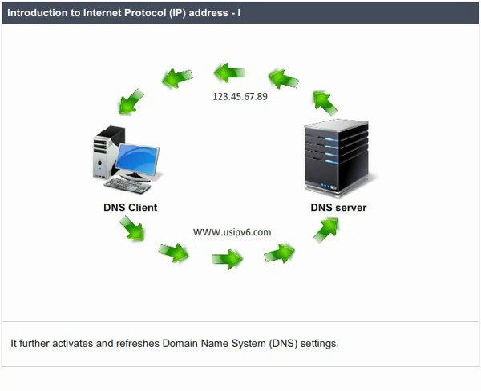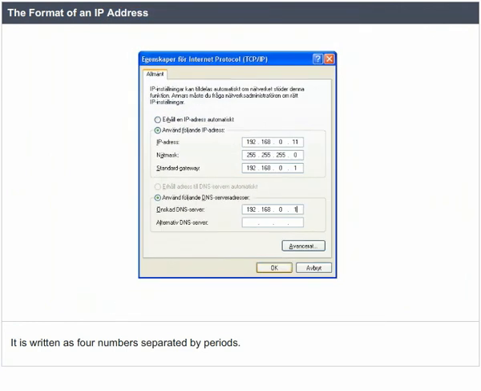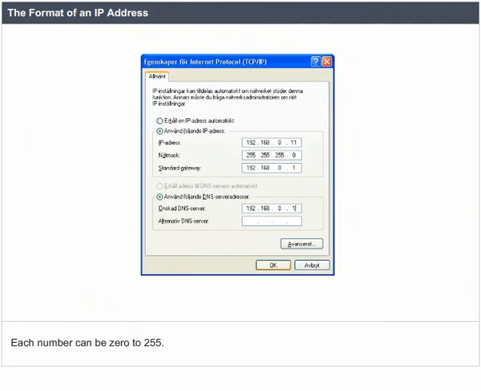The format of an IP address. The format of an IP address is a 32-bit numeric address. It is written as 4 numbers separated by periods. Each number can be 0 to 255. For example, 1.160.10.240 could be an IP address.